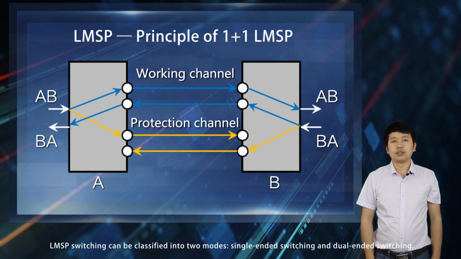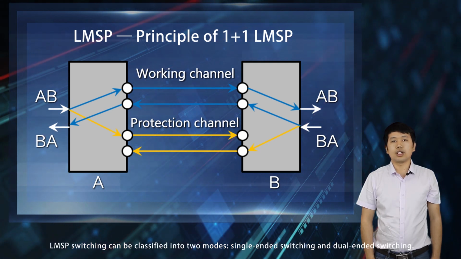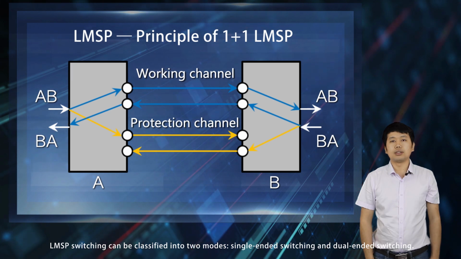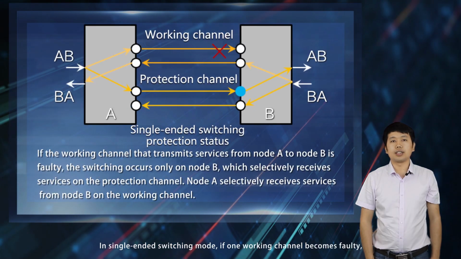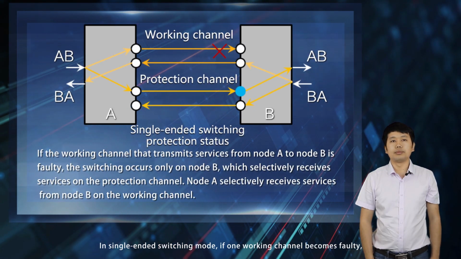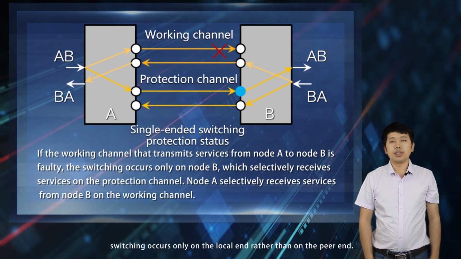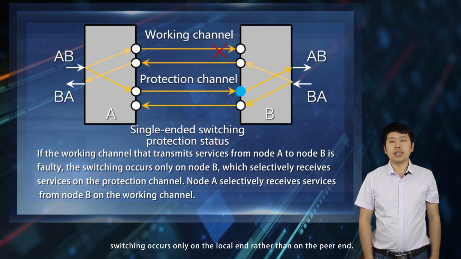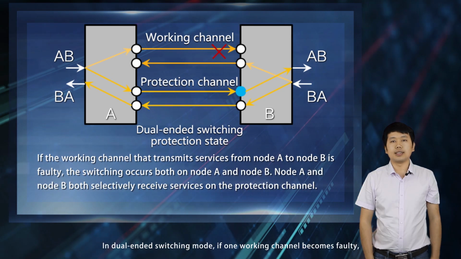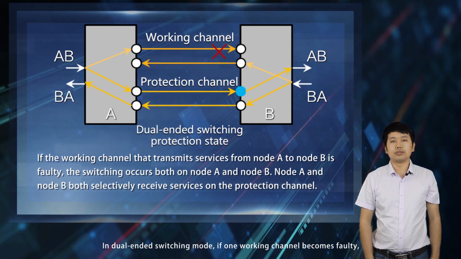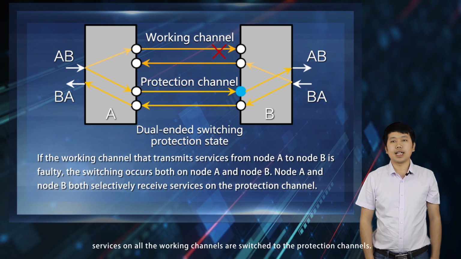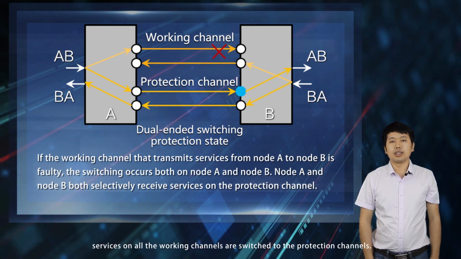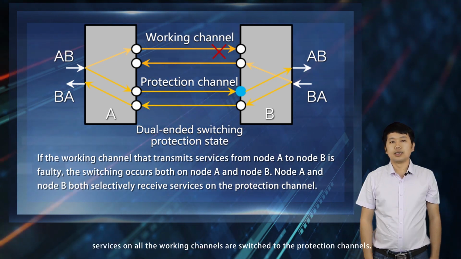LMSP switching can be classified into two modes, single-ended switching and dual-ended switching. In single-ended switching mode, if one working channel becomes faulty, switching occurs only on the local end rather than on the peer end. In dual-ended switching mode, if one working channel becomes faulty, services on all the working channels are switched to the protection channels.